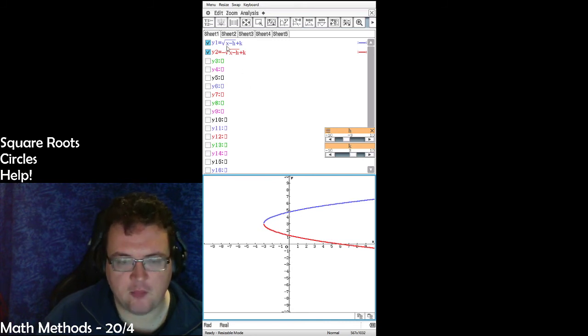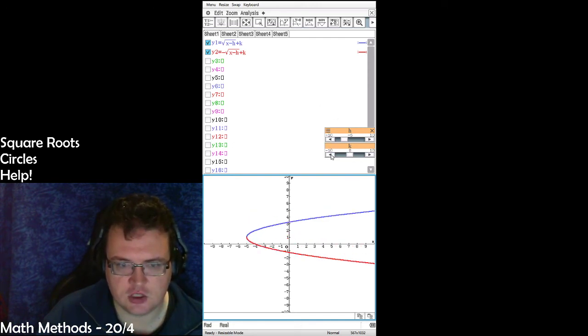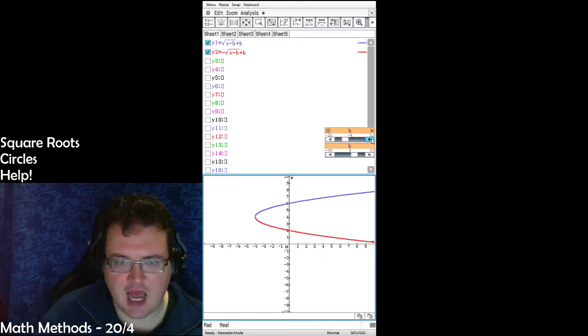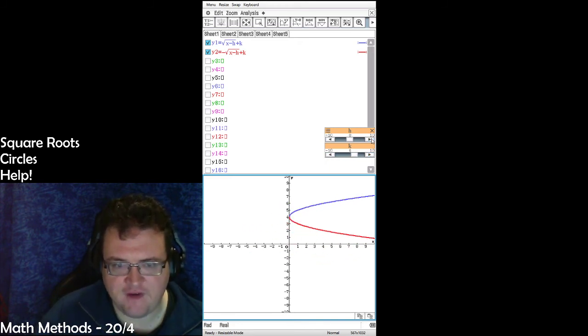All right, so by putting the negative out the front, I've simply turned the graph upside down as I would for any other sort of equation. Now the problem is how do I get the graph to face the other way? So instead of starting here and going off like this, how do I possibly get the graph to turn around and go the other way?